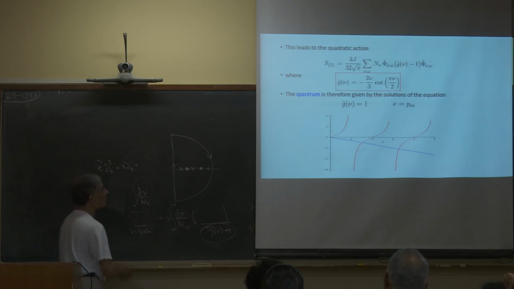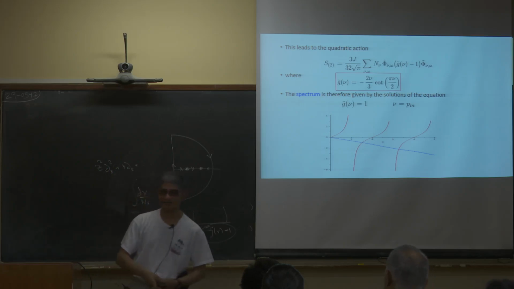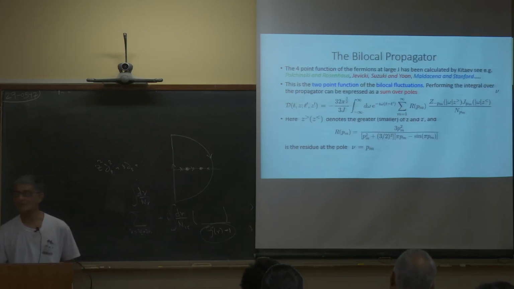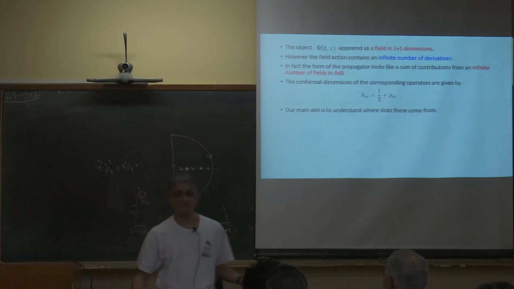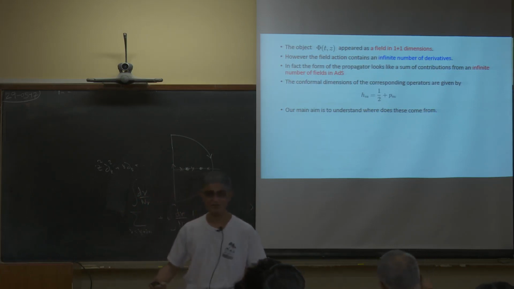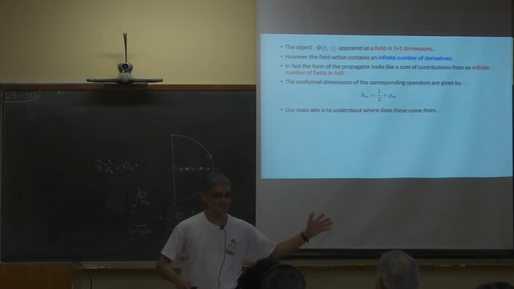So having a non-trivial function of nu is like having a non-trivial function of derivatives. That is why it has higher derivatives. Our main aim is to understand where this comes from and what it actually means: is there a meaning to this infinite tower of states, this magic formula?